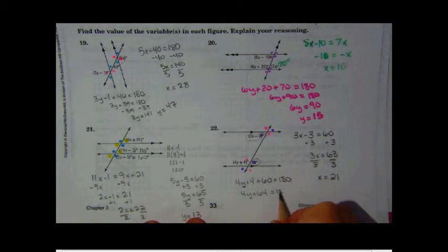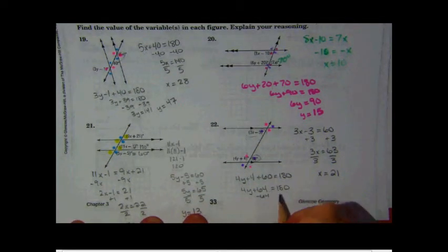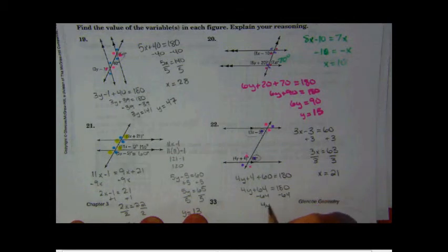So that makes 64. So subtract the 64 from both sides, and you're going to get 116. And if you divide by 4, you'll get 29.